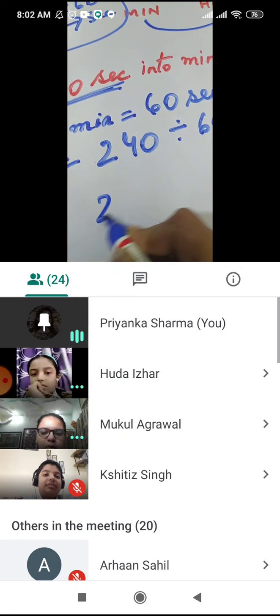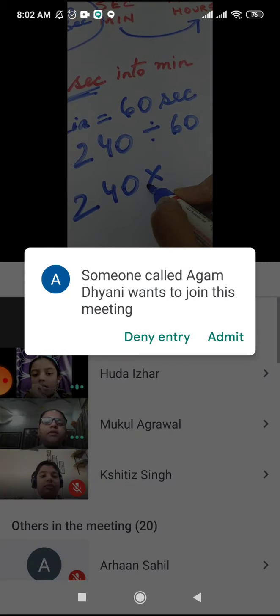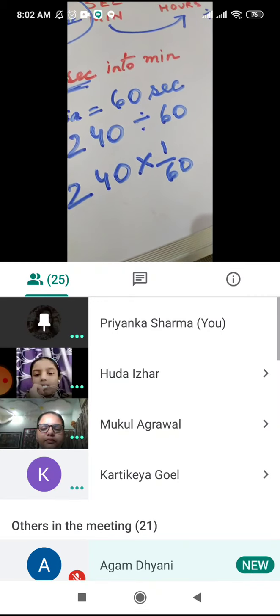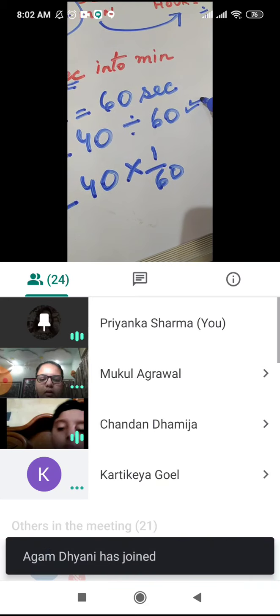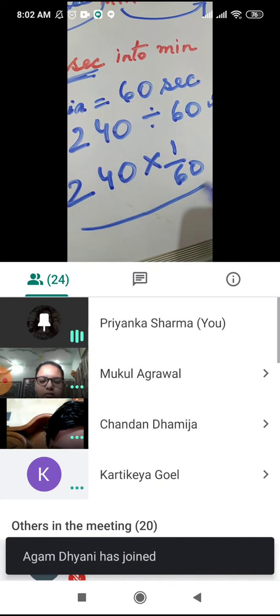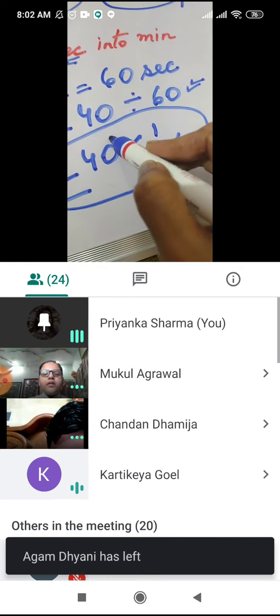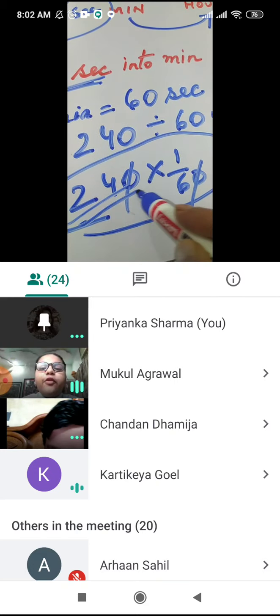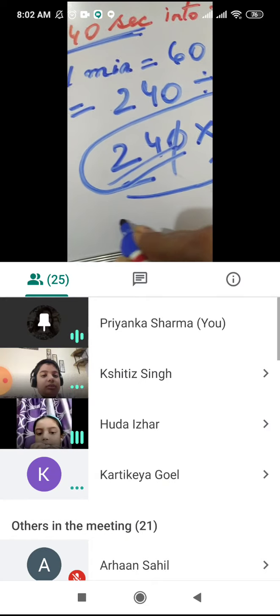So how are we going to write? We are going to write 240 into 1 by 60. 1 by 60 means either you directly divide by 60, or you do it like this. This is the better method. So what happens? 0 and 0 will be cancelled, and then you are going to divide.